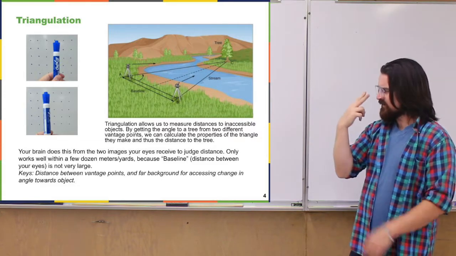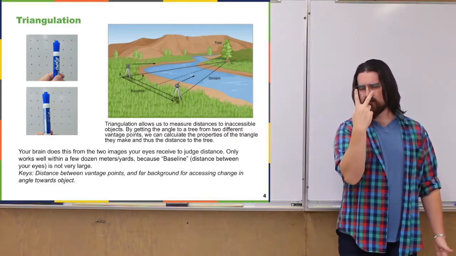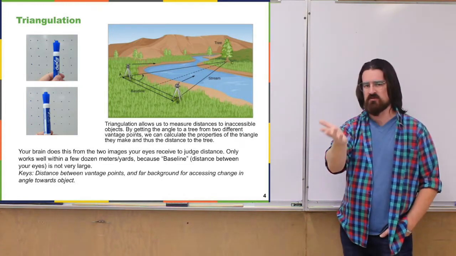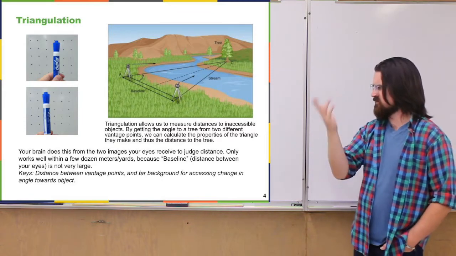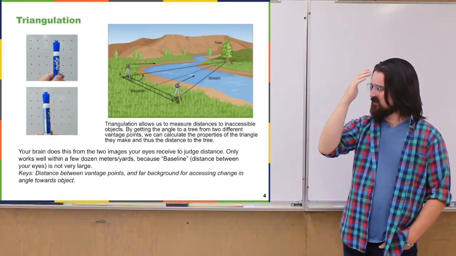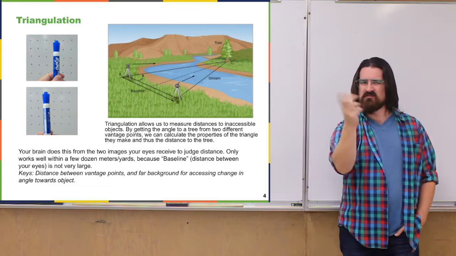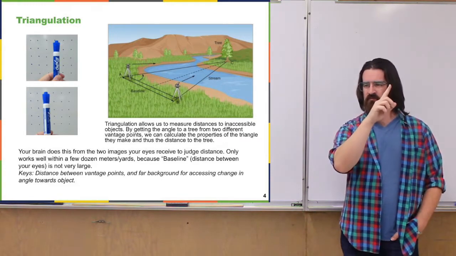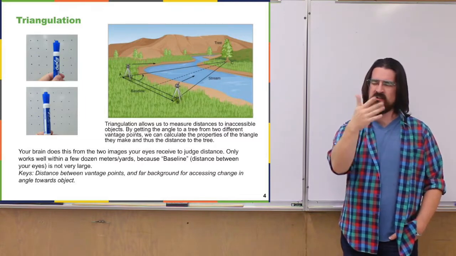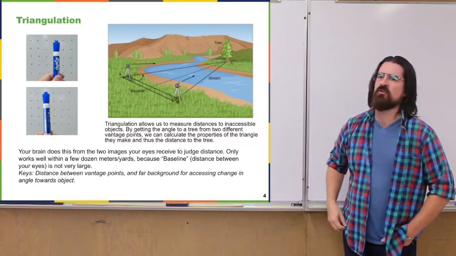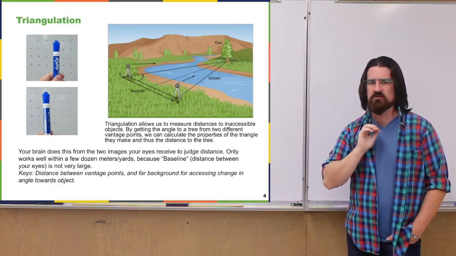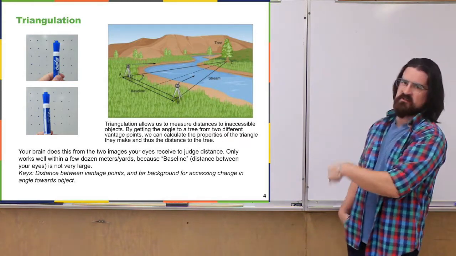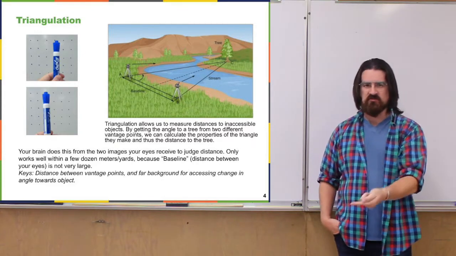That's why our eyes, only being spaced apart a few inches, can only really do this within a few dozen meters or yards. Past maybe 50, 60 yards, that change in the position of the object is not really making much of a difference between viewing it from the left eye or the right eye. And so the triangulation no longer works. Our brain uses other sources of information to determine how far away objects are at that point. So the baseline is key in making this sort of measurement.